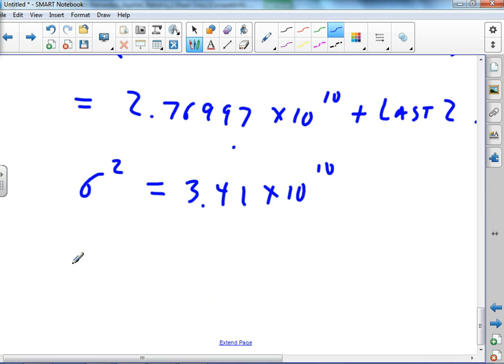That's my variance. Then I want the standard deviation, which would be the square root of the variance. Second function, and so my standard deviation is 1.84679, and then I have to ask myself how many significant digits do I want.